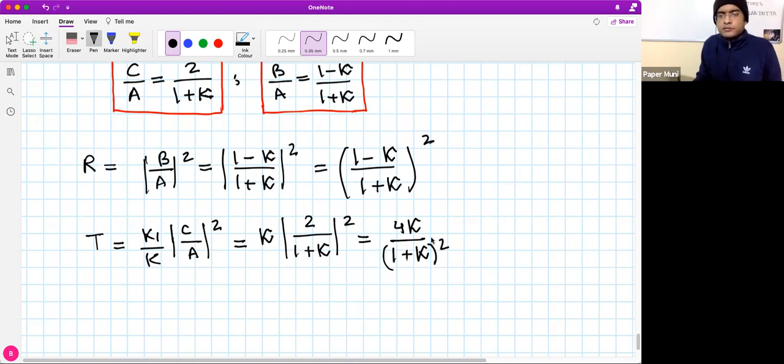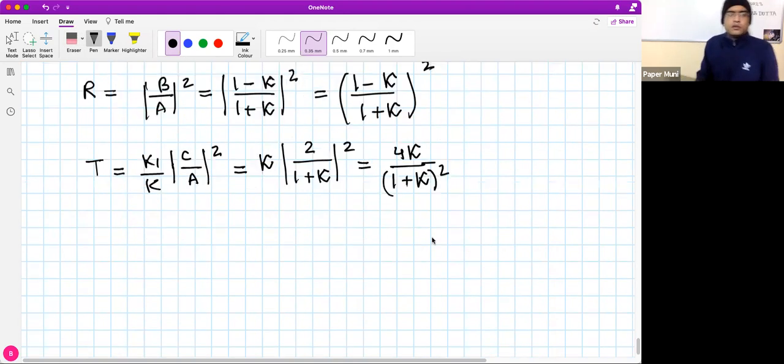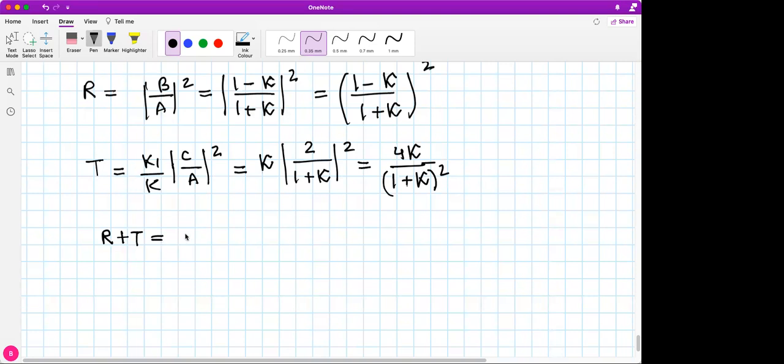Now, in this case, what we have is r plus t. If you add r and t, what should we expect even without calculating? It should be 1, right?